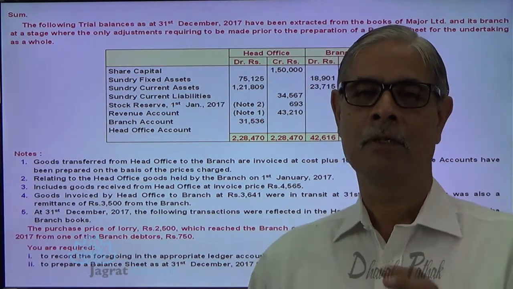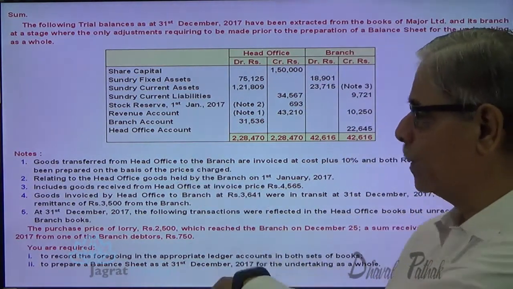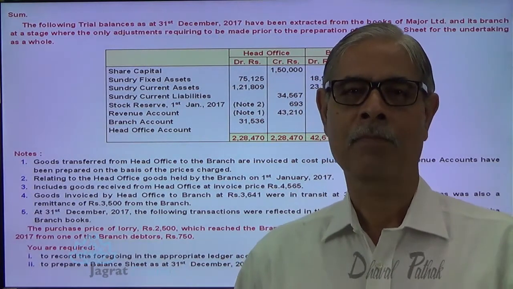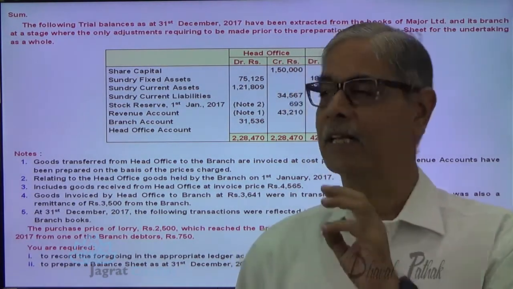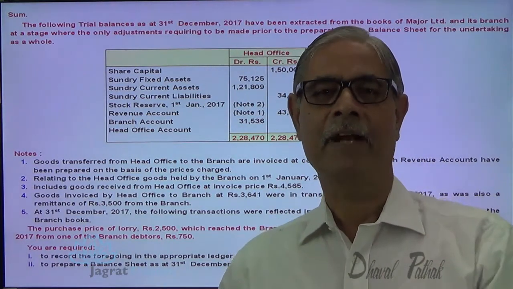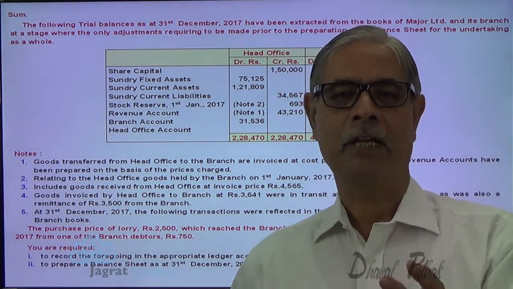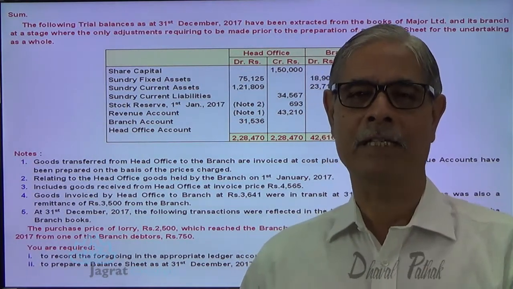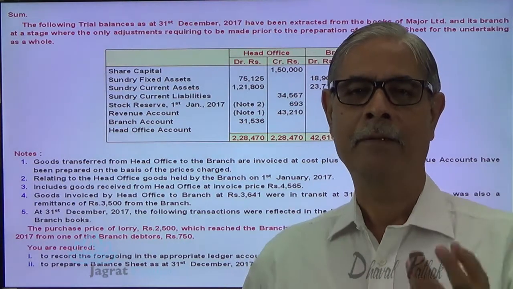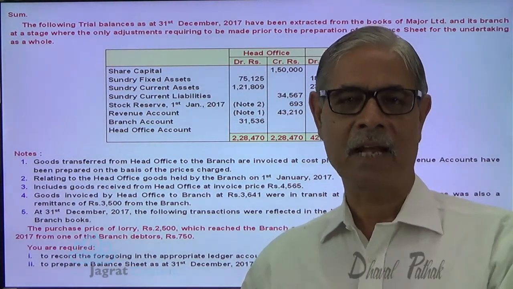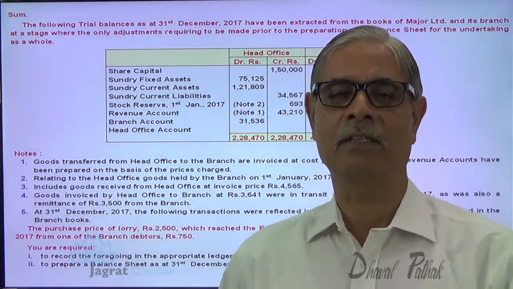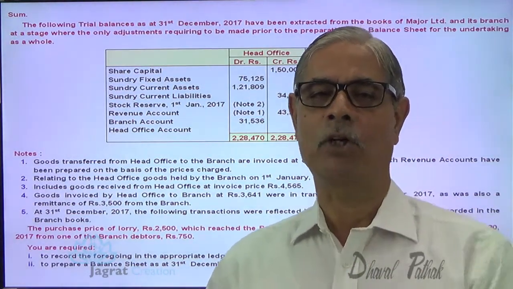So only adjustments are to be recorded, and after giving the effect of these adjustments on this trial balance, we are required to prepare a consolidated balance sheet, means combined balance sheet, as a balance sheet of the undertaking as a whole, wherein the assets, liabilities, profits of HO and branch will be merged together and the balance sheet will be reported.